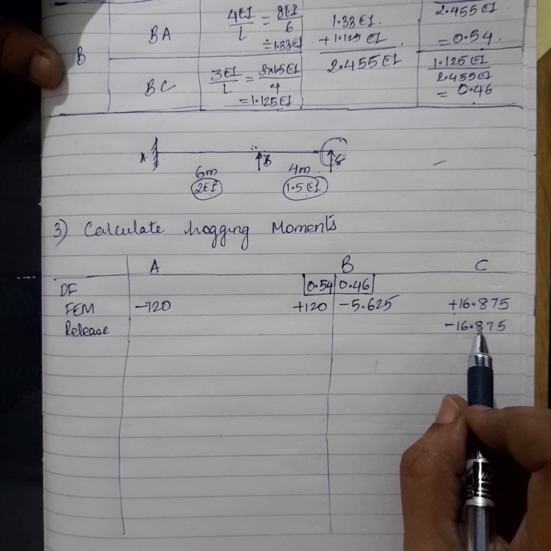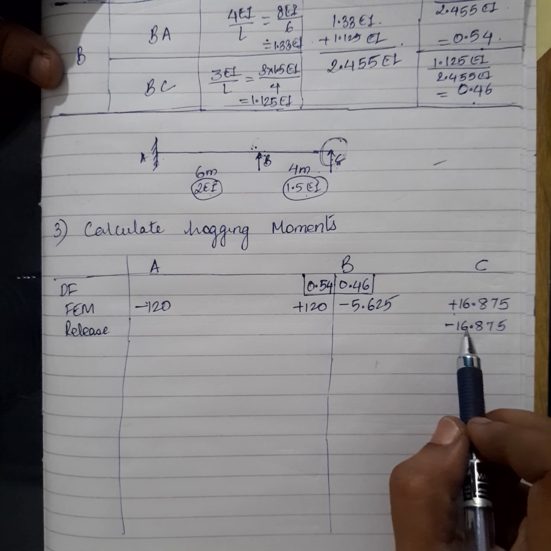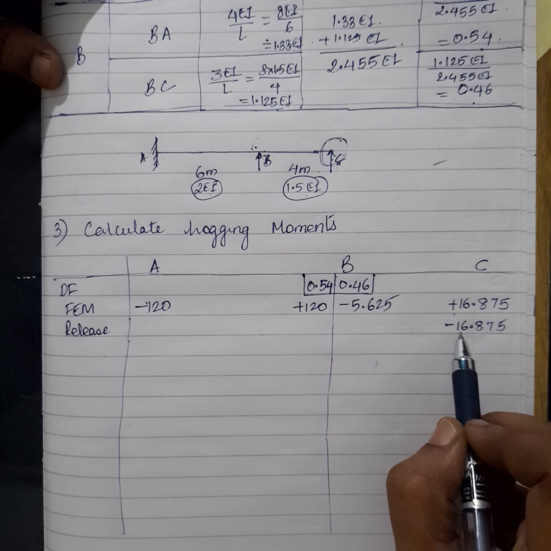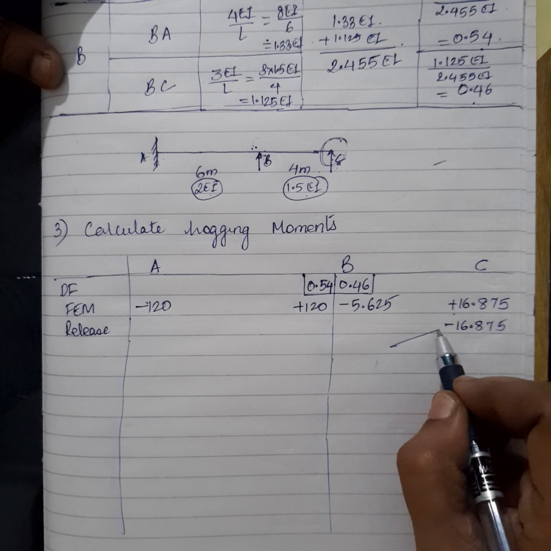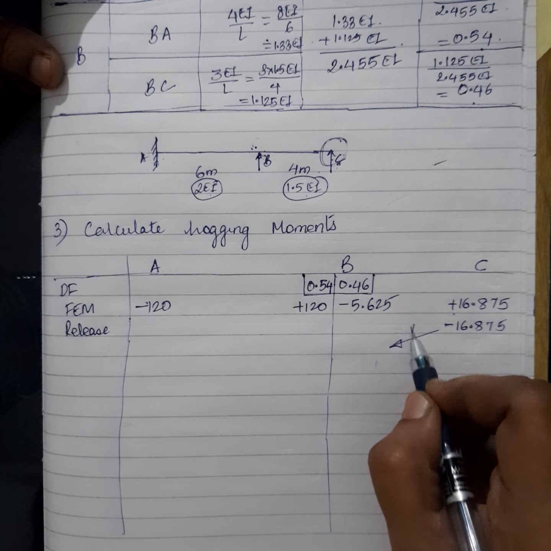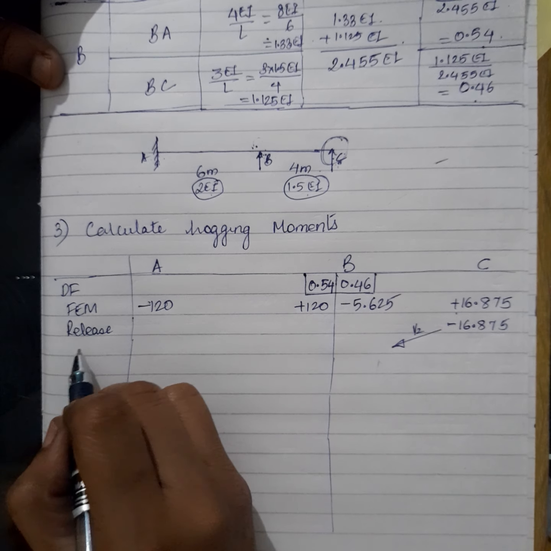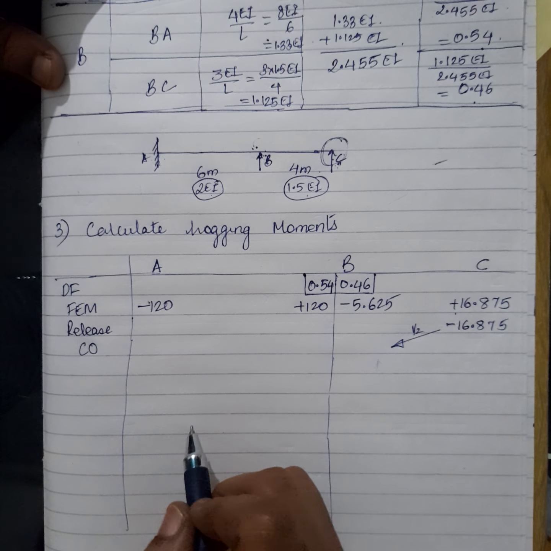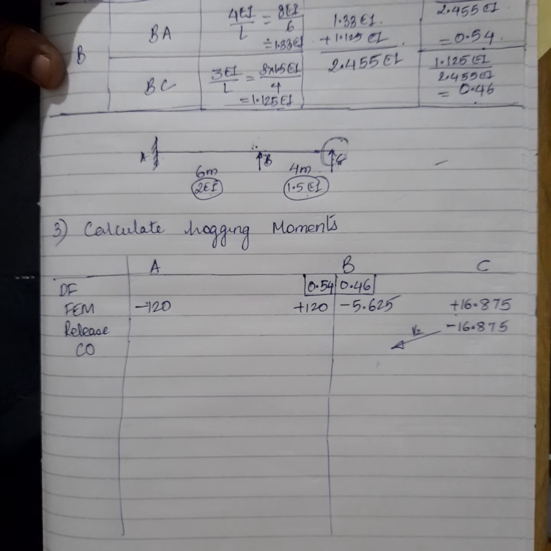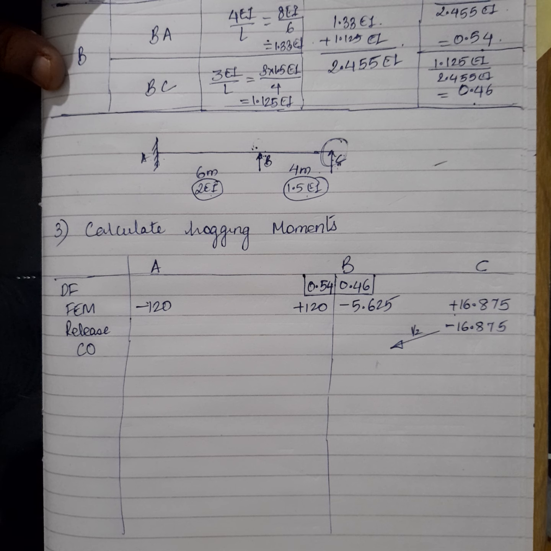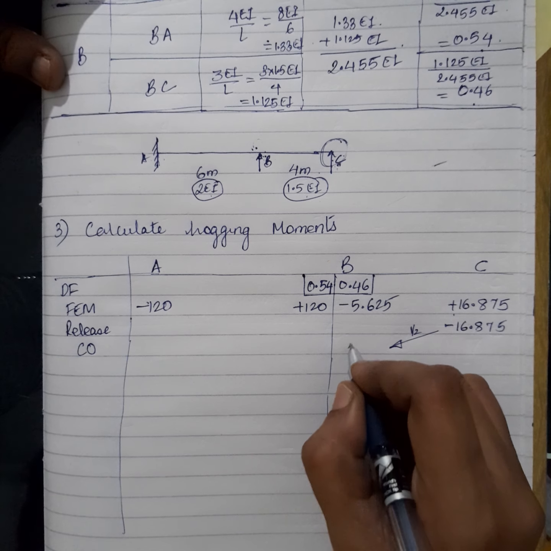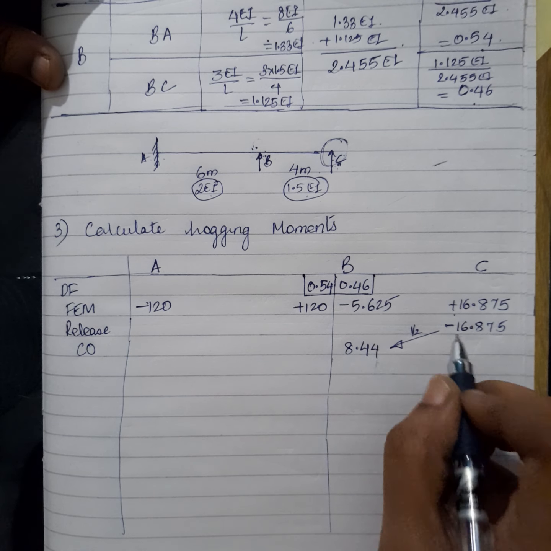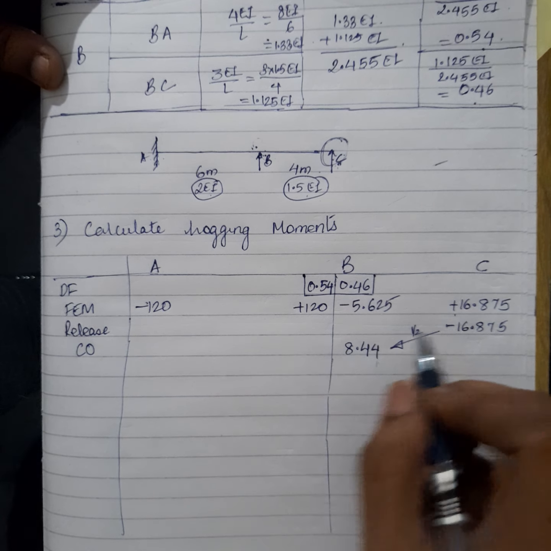But to make this 0, we have to carry over 50% of this to the adjacent joint. Half of this is called carry over. I'll write it here, CO, carry over 50% of 16.875. So that is 8.44, with the sign minus.